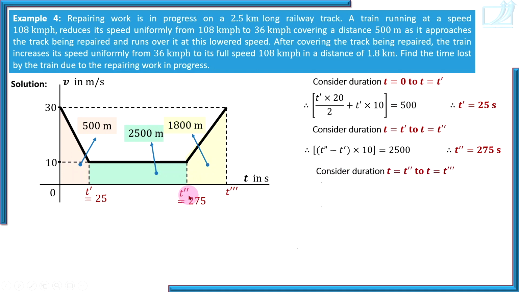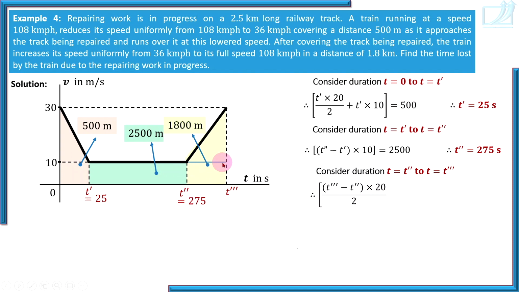So consider the duration T double dash to T triple dash. And what is the area? Watch here. It is rectangle plus triangle. So the base is T triple dash minus T double dash. That value of T double dash is 275.